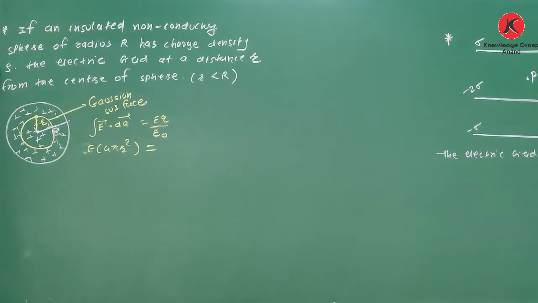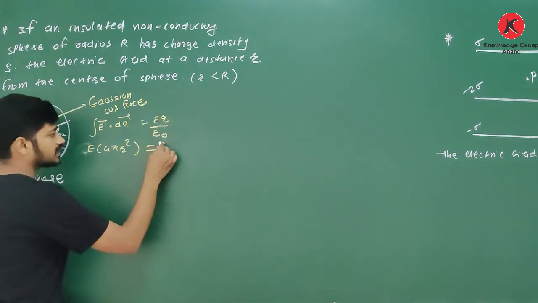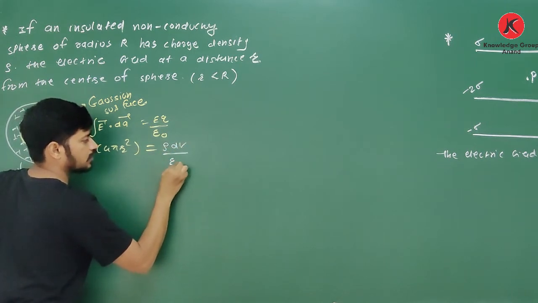You are given charge density, so rho is equal to charge q upon volume, 4 by 3 pi R cube for the whole sphere. Or you are given rho directly, so you can write it directly. What is the radius of this Gaussian sphere? It is small r. So what is its volume? It is 4 by 3 pi r cube. So the charge is rho dV, and then upon epsilon 0. Simple.